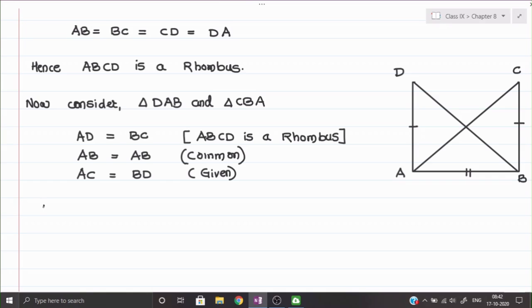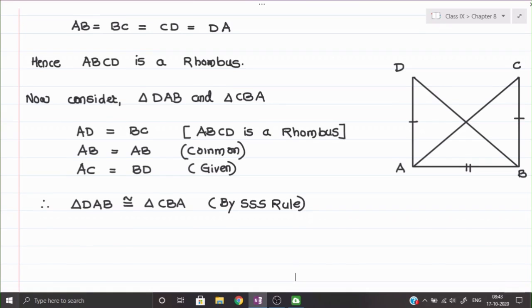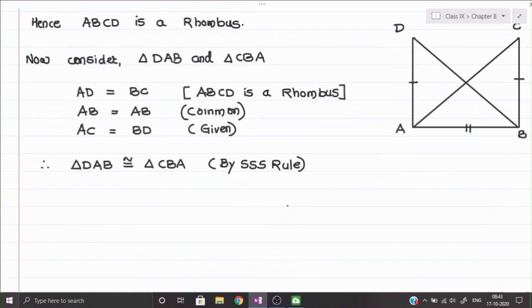So now we can say that therefore triangle DAB is congruent to triangle CBA, that is by the side rule. And if these two triangles are congruent, then definitely with the help of CPCT we shall get some parts of the triangles equal.